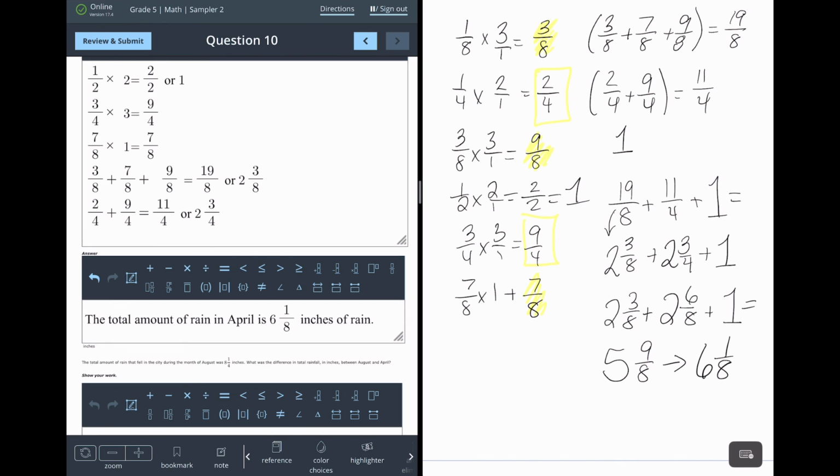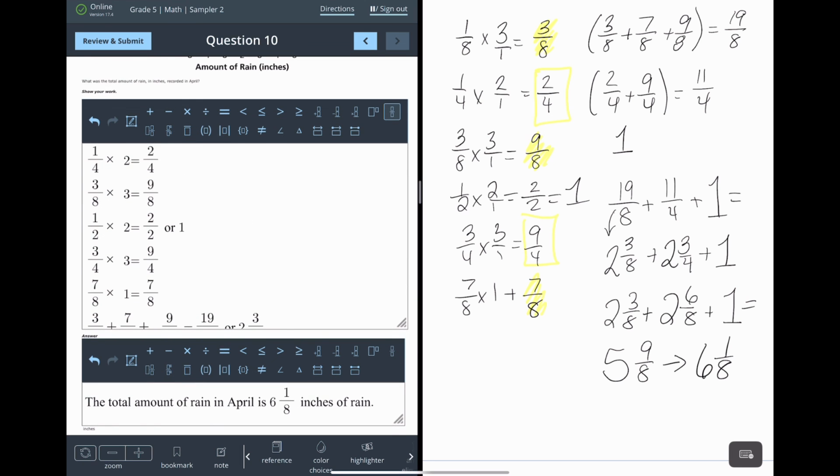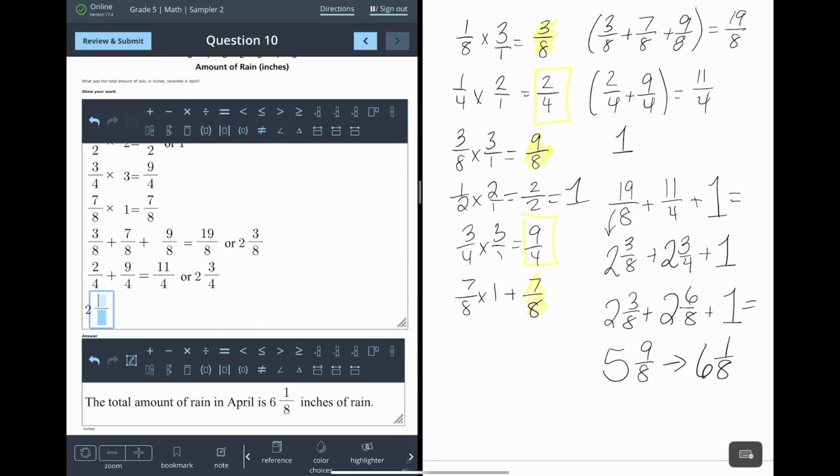2 3/8. Whoops, I put it into the wrong section. So something good to recognize. 2 3/8 plus 2.